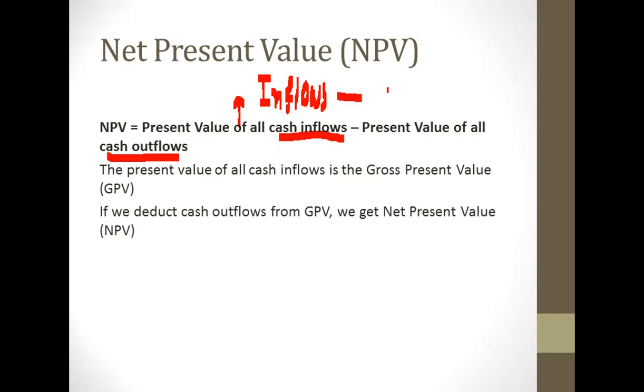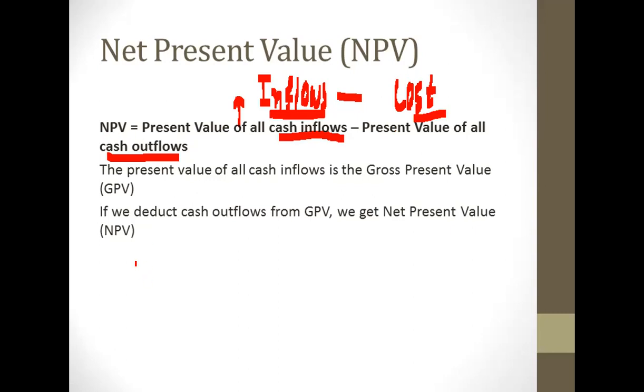And this is the company's cost, outflow. This is the company's cost and this is the company's revenue, or what the company gets, that is inflow, or the benefit the company gets from the selling of the product. And this is a cost.